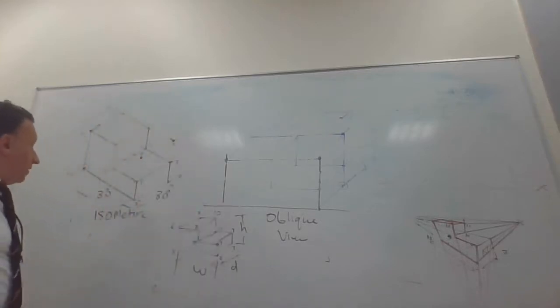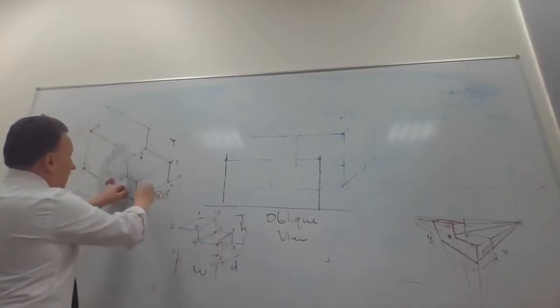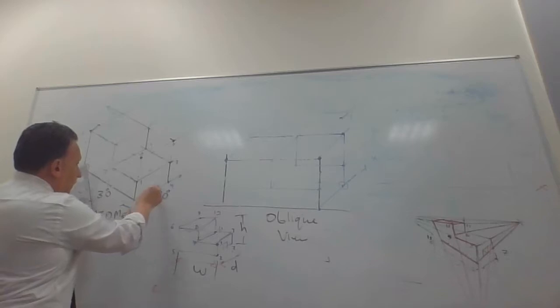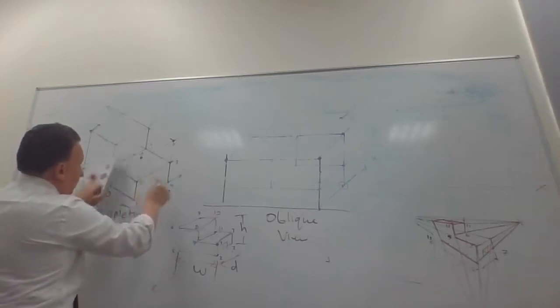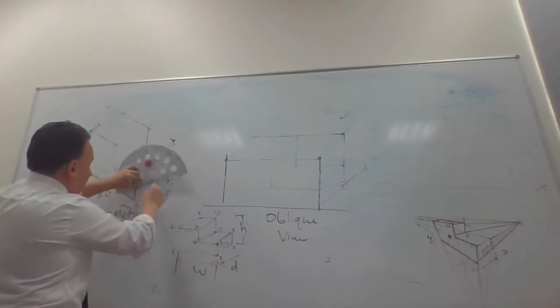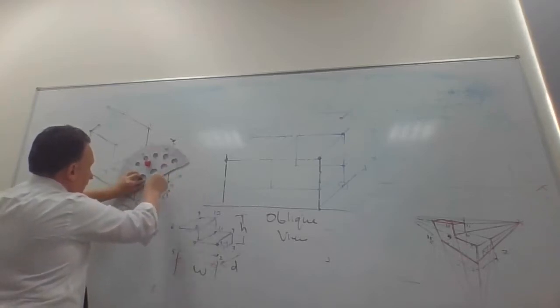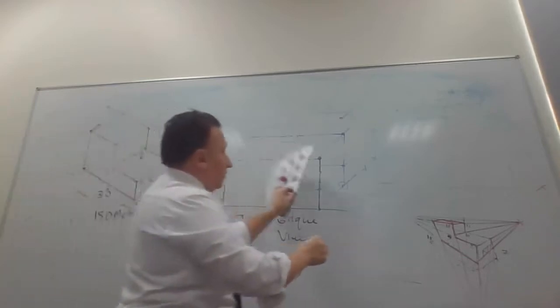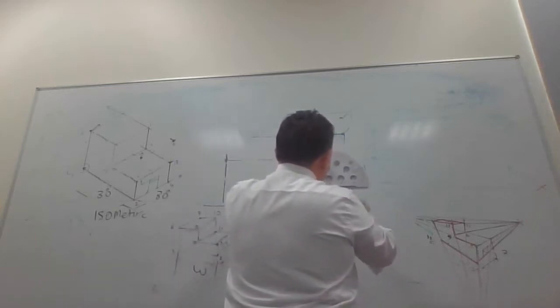Okay? Don't forget, in your task you have this cut. This cut you have to go the same distance from here and from here, the same distance. And also make the same distance from the top. Okay, vertical, vertical, 30 degree for the isometric. For here, horizontal, vertical, vertical, and what's the angle? 45. 45.